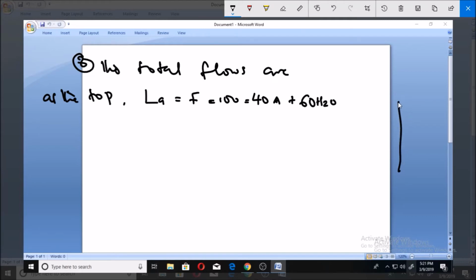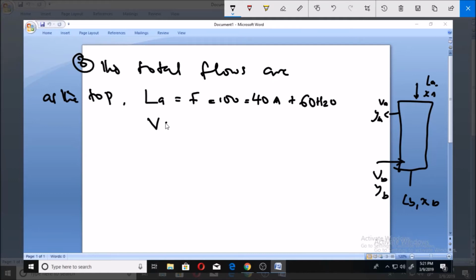Remember this diagram that we drew, where we have the liquid going in here and coming out here, whereas the gas is going in here and coming out here. So this LA is the liquid flow, which is the feed flowing in, and it's actually 100, which is 40A plus 60 H2O.